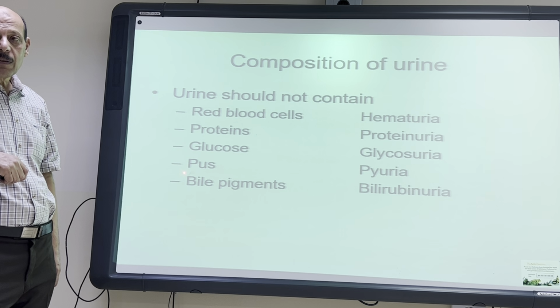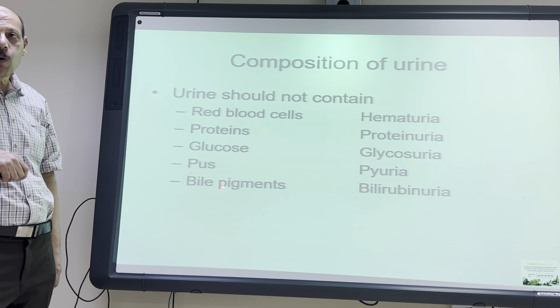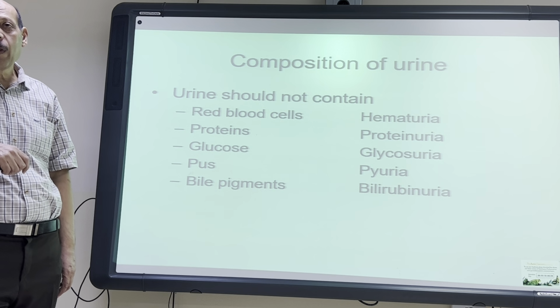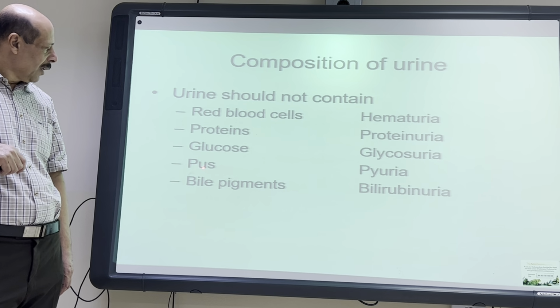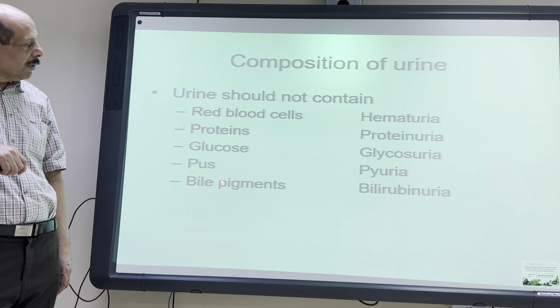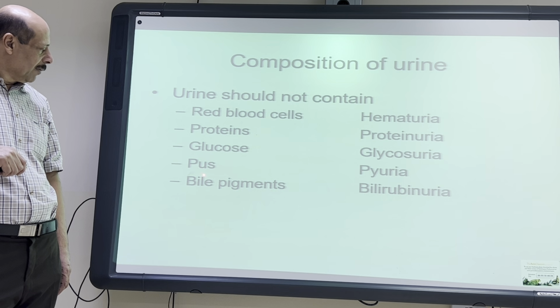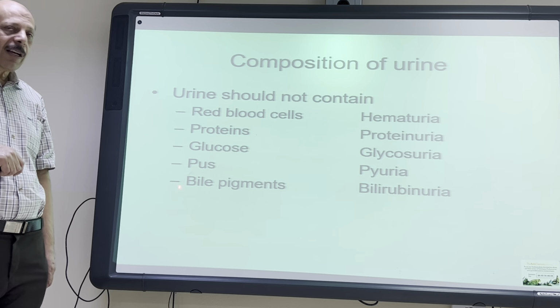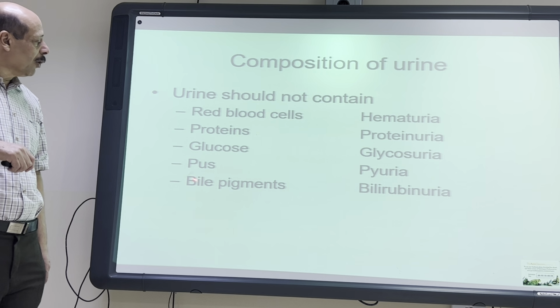What is pus? Pus is formed when there is infection. So it means that there should be no infection. If pus is there, it means the infection is there. Bile pigment also.